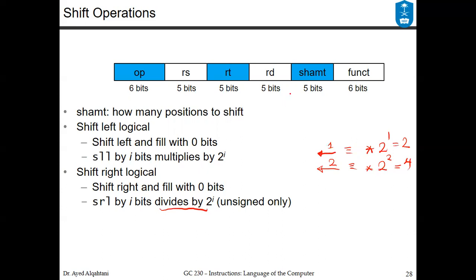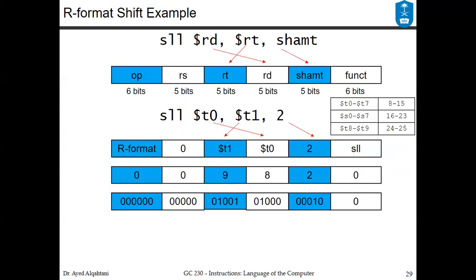Now, in the shift operation, we'll make use of the shift amount, and you will see this indicated by this example. If you have shift logical to the left, and you have this register, this is the source register, and we will use the RT. Notice that the RS is not used. The RS is going to be 0.